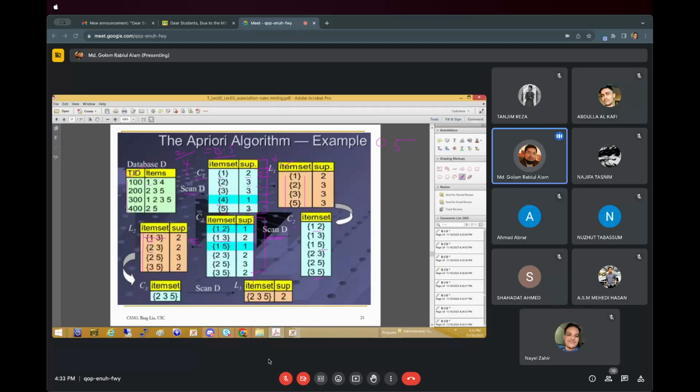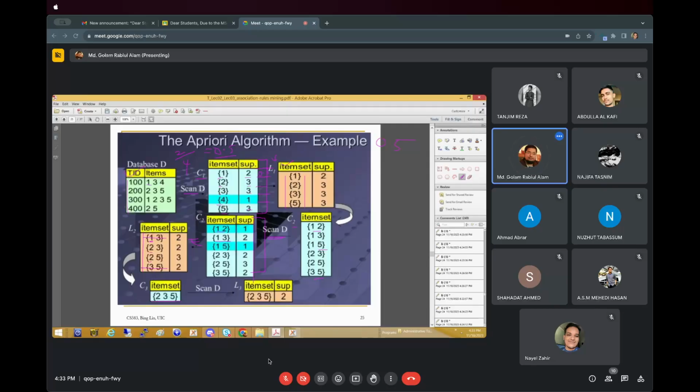Here is a 2 and here is a 2, so we can combine these to form 2, 3, 5. And here is 3, but none of the item sets started with 3, so it will not participate in any join operation.